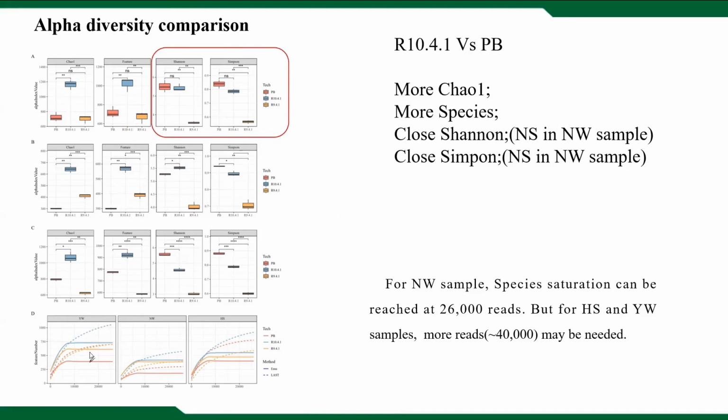The results of rarefaction curves showed that the emu aligner was easier to saturate because of the identification of few species, but using the LAST aligner, R10 is often hard to saturate. For NW water samples, species saturation can be reached at 26,000 reads, but for HS and YW samples, more reads are required.